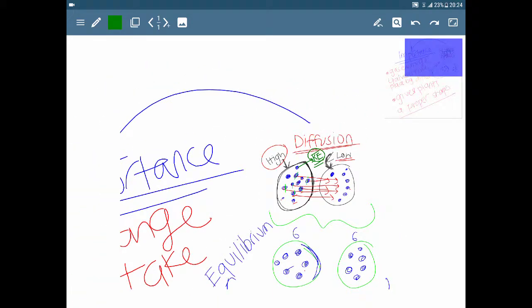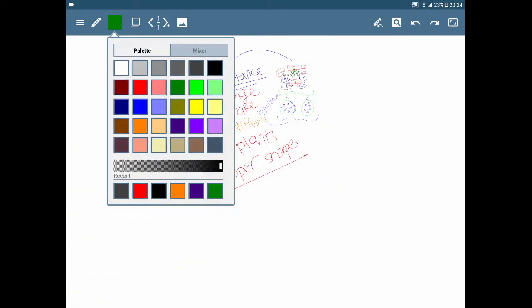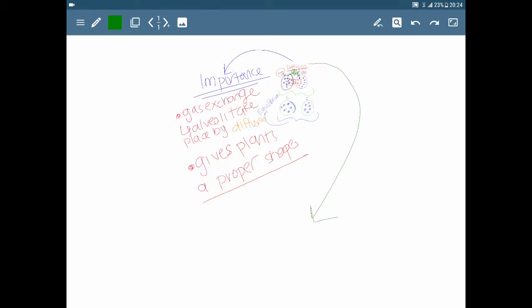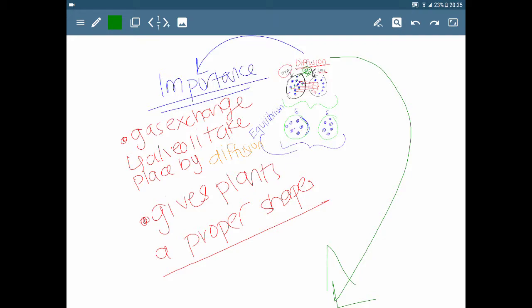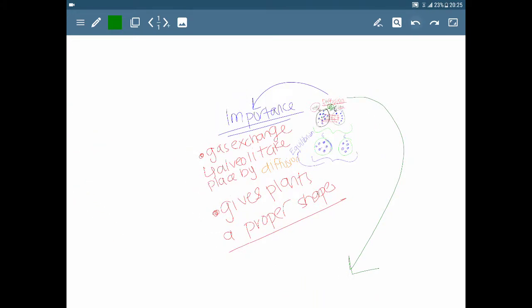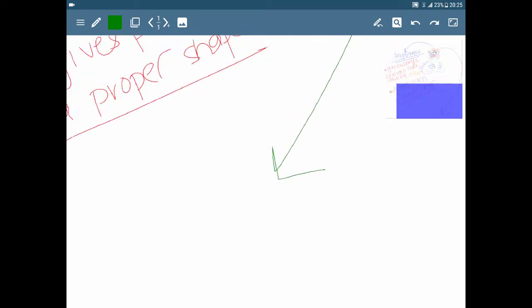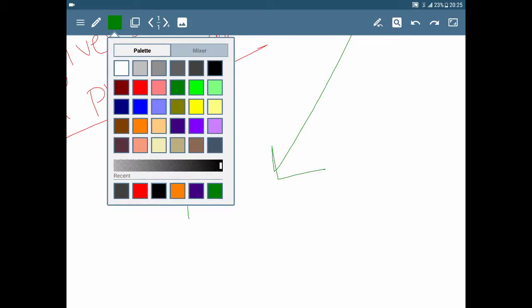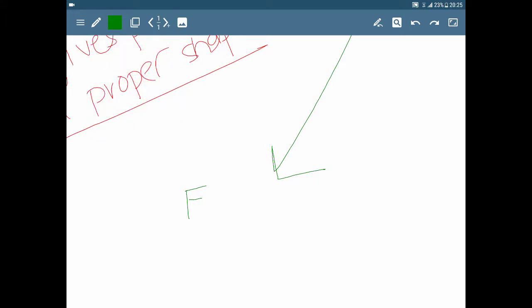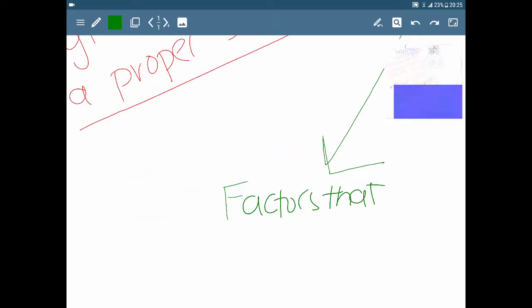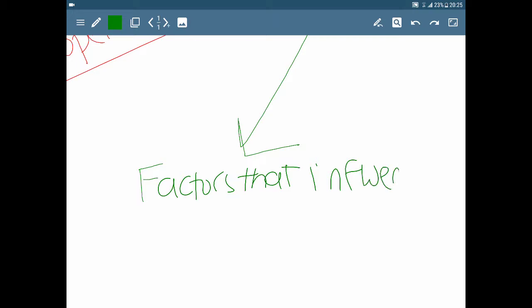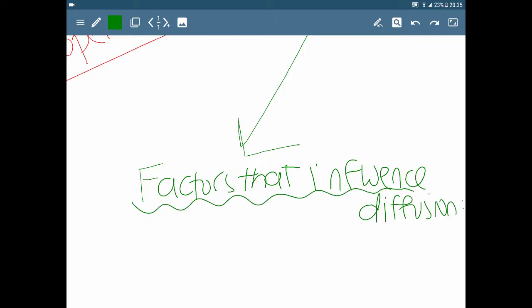Now, obviously there are a few factors that influence diffusion.